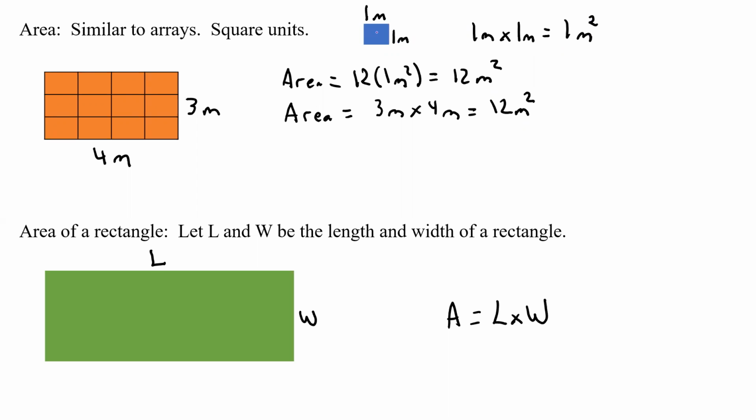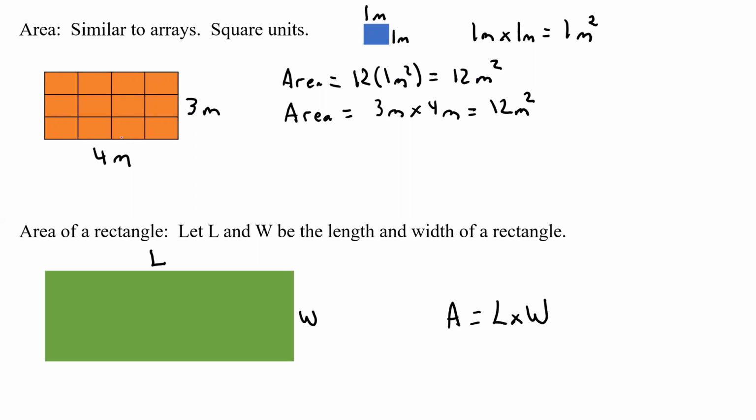Well, that's pretty easy. But what happens when we get something bigger? Well, we could say, okay, we know each one of these little pieces is 1 square meter. So we could say there's 1, 2, 3, 4, 5, 6, 7, 8, 9, 10, 11, 12 square meters. So we took 12 times each one of those and got 12 square meters. Or what we could do is say, okay, the number of columns, there's 4, which is 4 meters.